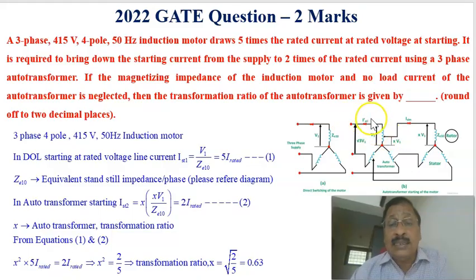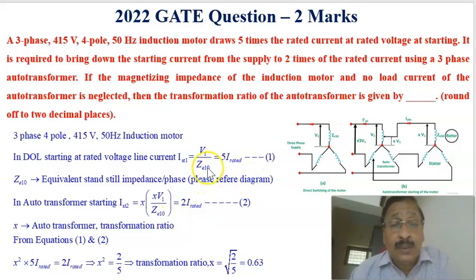But what is reflected at the input, since the ratio is X here, as per transformer theory, is X times the secondary current. The secondary side current of the auto transformer, which goes to the stator as per phase current, is X times V1 divided by Z01.